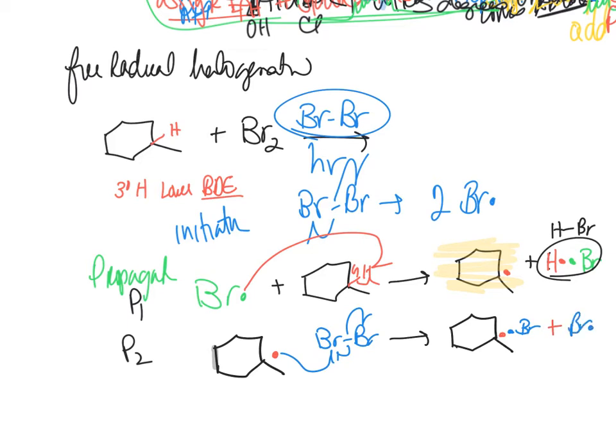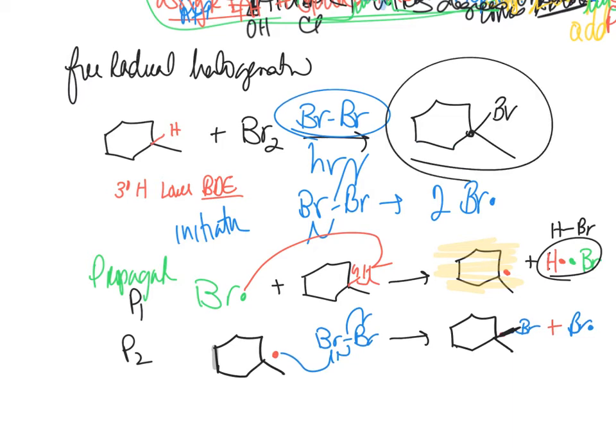That's propagation. That's the same thing as that right there. So that's your product. So your product is bromination at the tertiary carbon. So that's free radical halogenation.